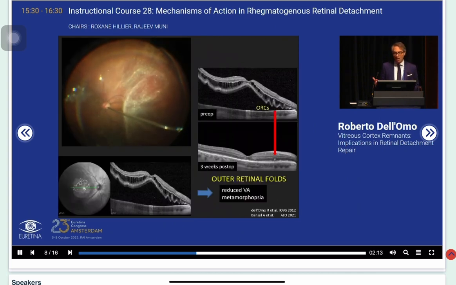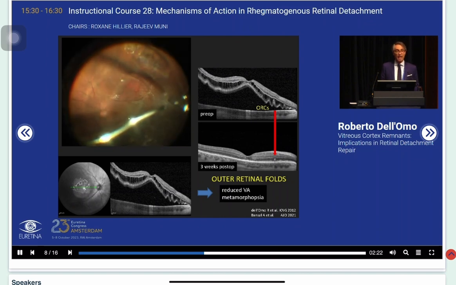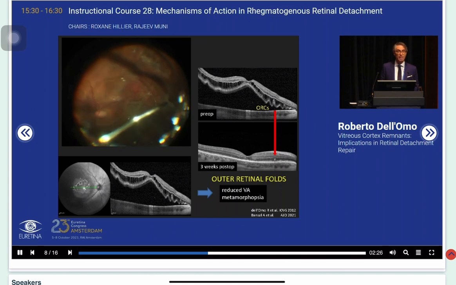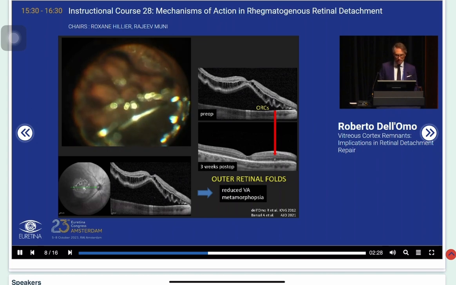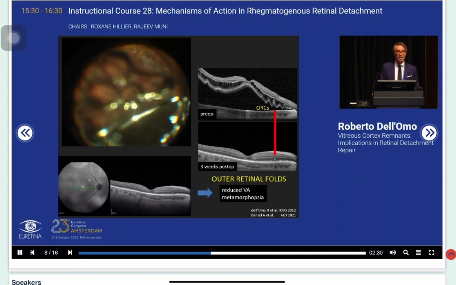We know that outer retinal folds form in correspondence of outer retinal corrugations, and some surgical techniques like vitrectomy can favor the formation of outer retinal folds because we force the retina to reattach using PFCL or high-tension products like gas.